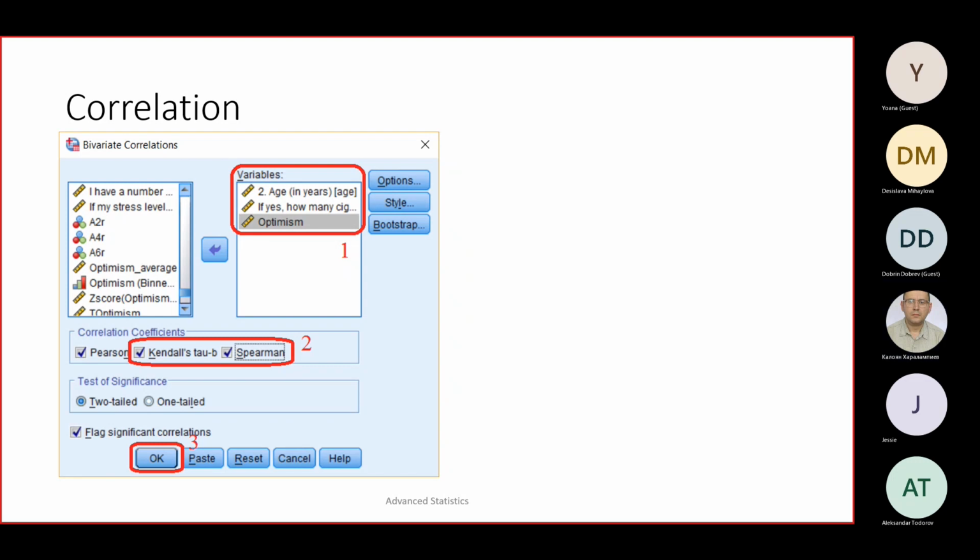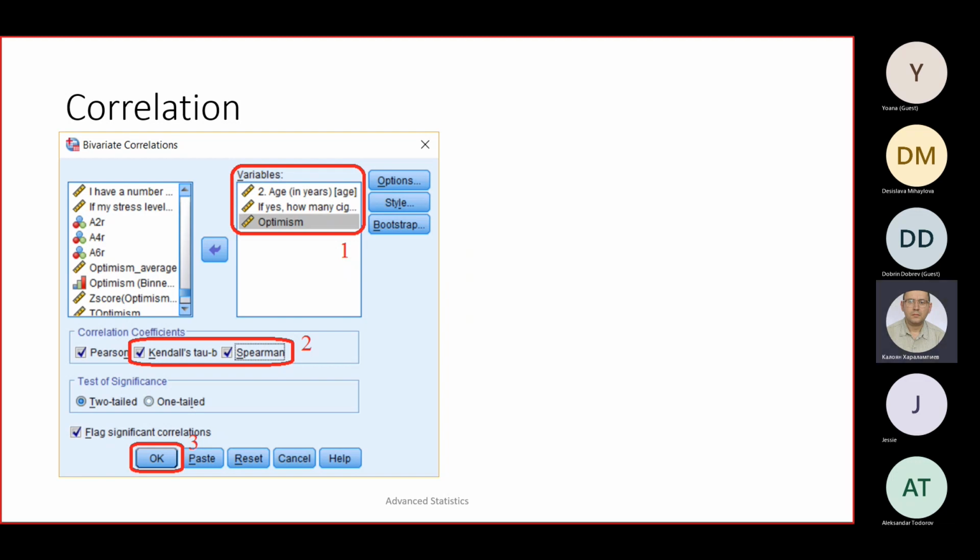But if Pearson correlation is not significant and Kendall and Spearman coefficients are significant, then there is a relation between these two variables, but this relation is not linear.